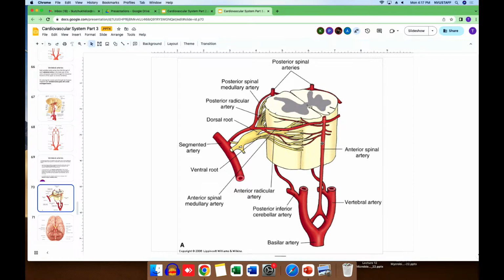However, we have 1 anterior spinal artery, right? Just before the 2 posterior spinal arteries, we have the posterior inferior cerebellar artery, which is also a branch of our vertebral artery.